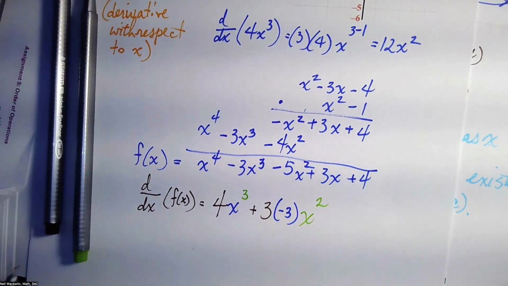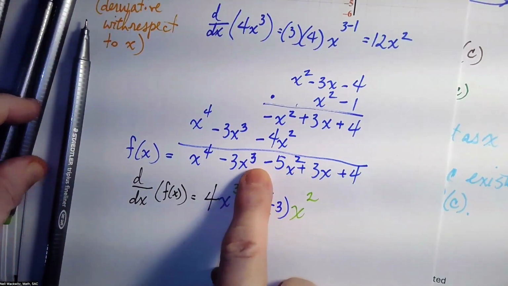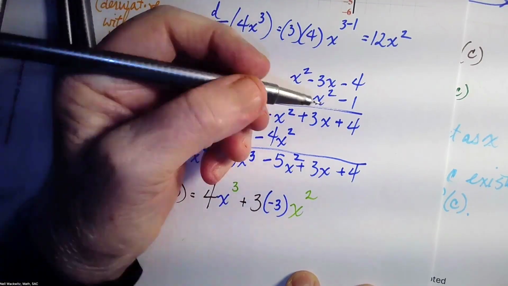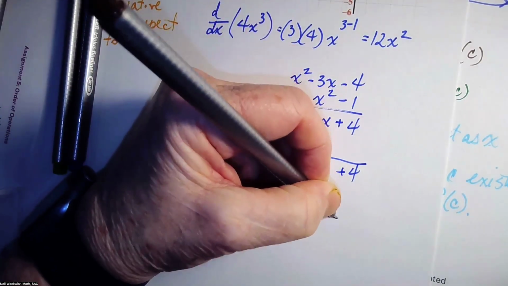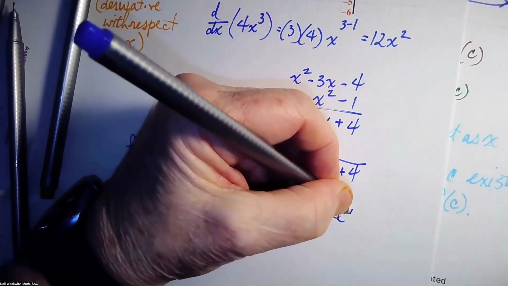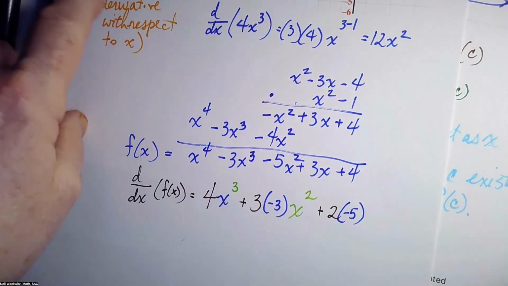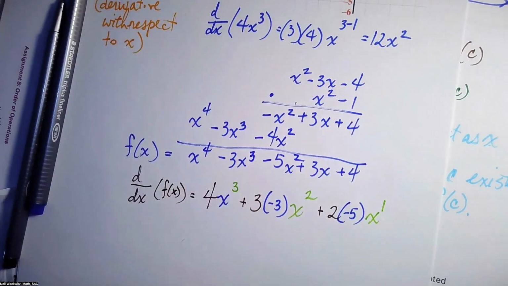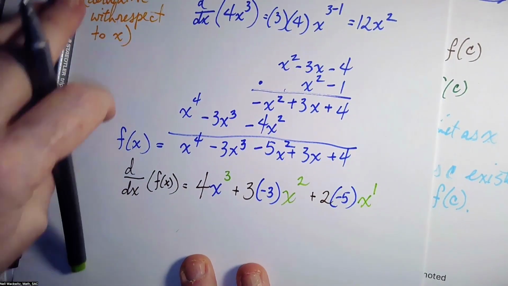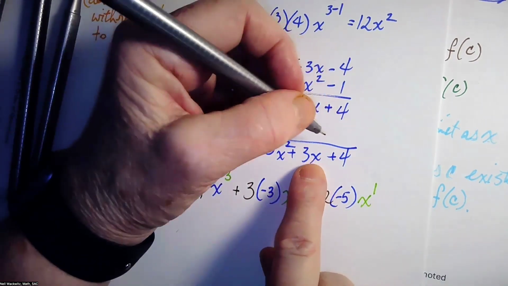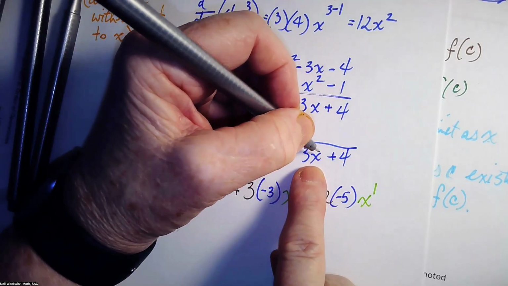Alrighty, now we've got negative 5x squared. So our exponent is 2. The coefficient is negative 5. And we're going to reduce the exponent of x by 1. What is the exponent if there's no exponent written?